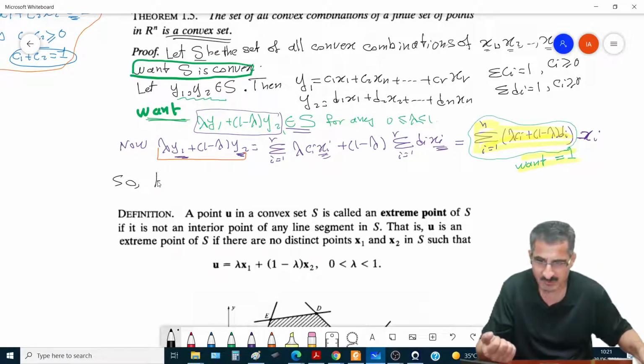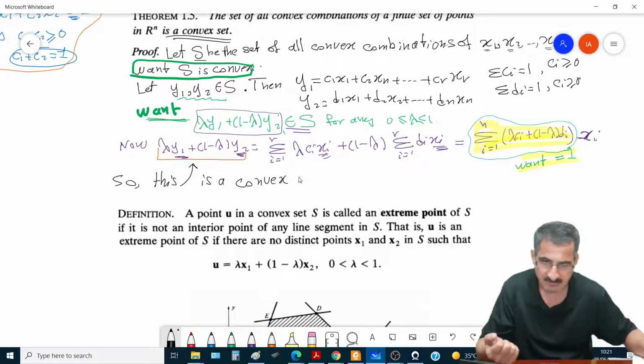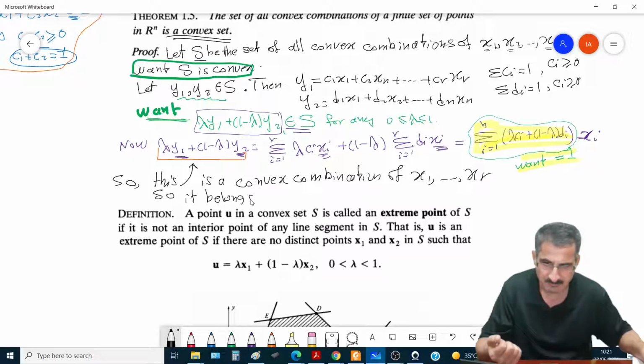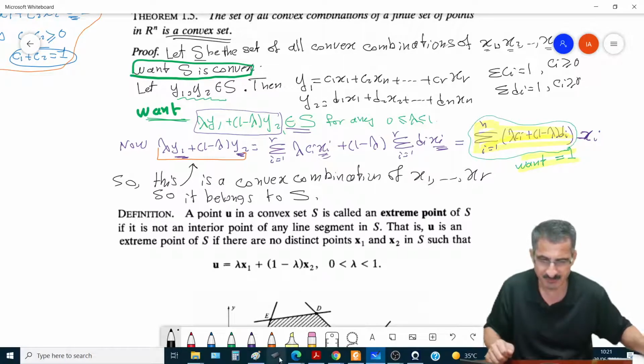So this thing here is a convex combination of x1 all the way to xr, so it belongs to S.